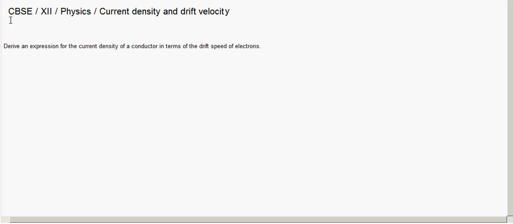So for this I'll write here solution. Let us see how we can do this. This is basically a derivation.